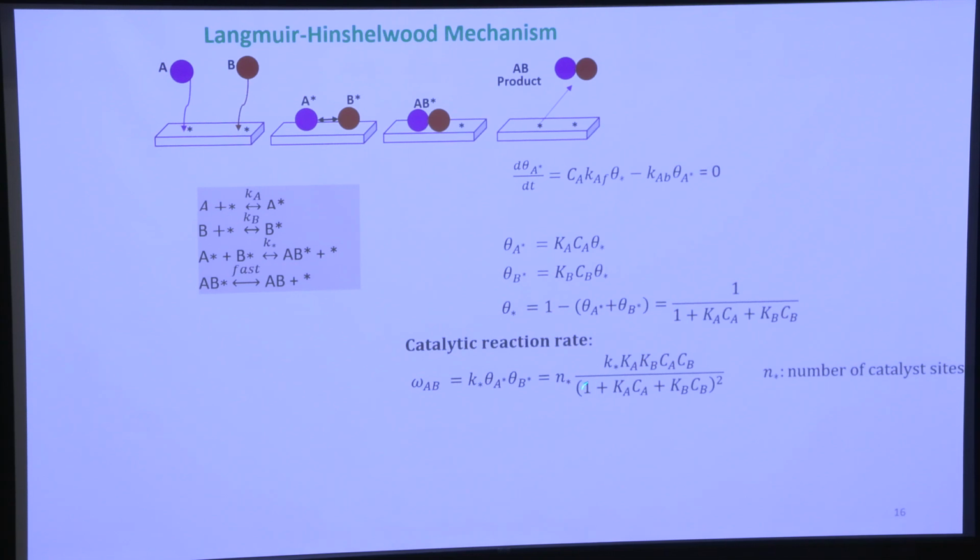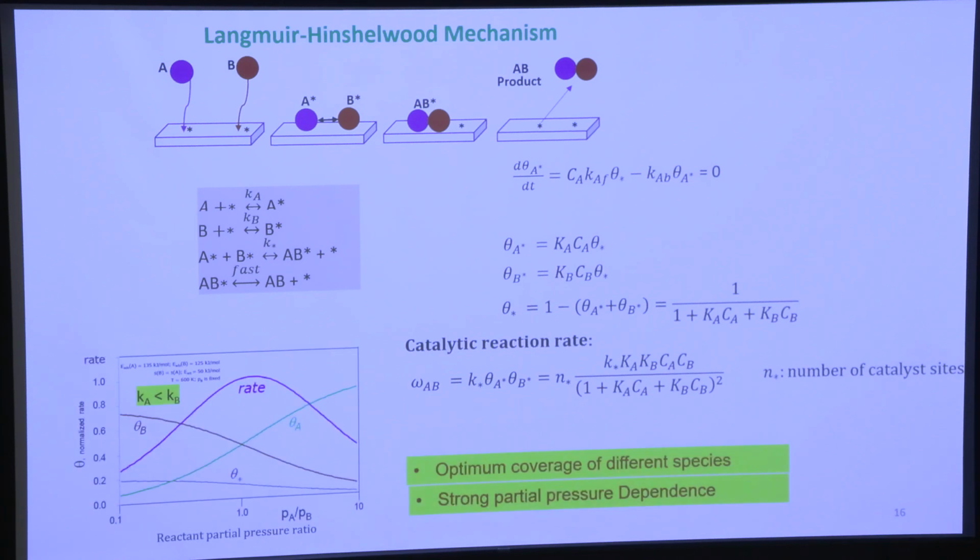So this means that this reaction is much more dependent on the pressure. This is how the partial pressures of A and B affect the reaction rate. So you have to have an optimum concentration of A and B, and also a much stronger pressure dependence when you have an LH mechanism.